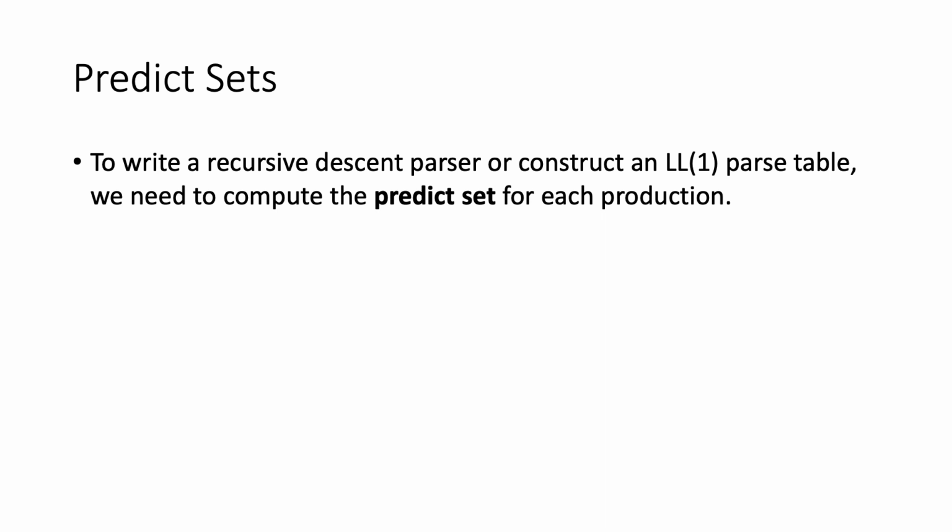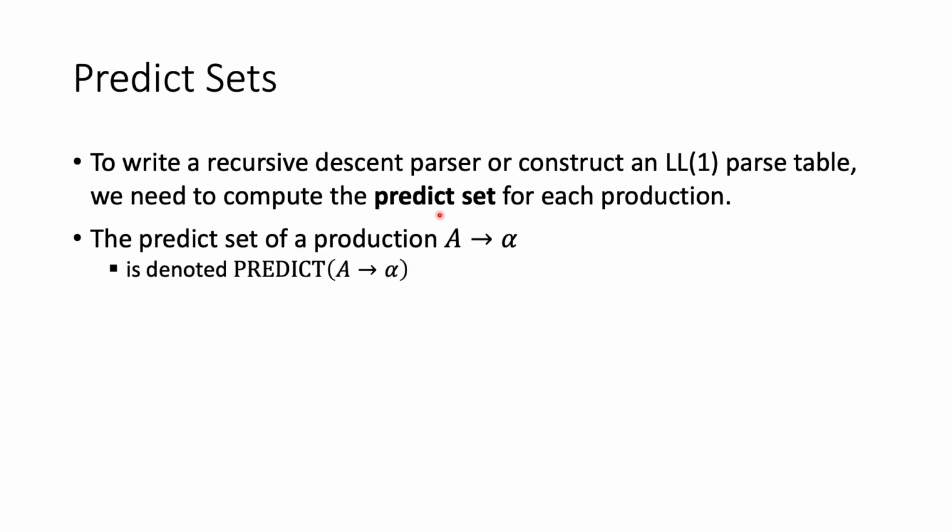To write a recursive descent parser or construct an LL1 parse table, we need to compute the predict set for each production in the given grammar. The predict set of a production A to alpha is denoted as predict of A to alpha, where A is a non-terminal and alpha is a string of non-terminals and terminals.